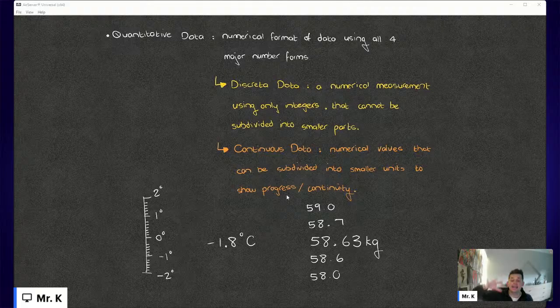So we can take these values and break them down smaller and smaller to get even more specific, right? We can introduce more decimal values. Think about the speed of something.